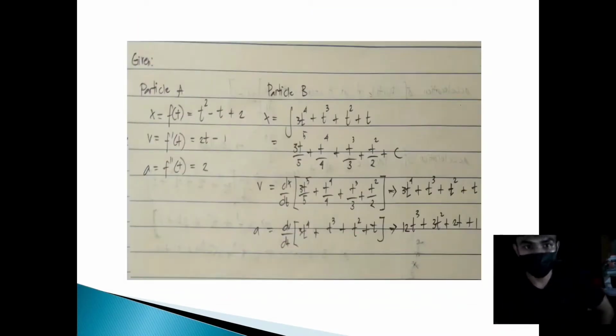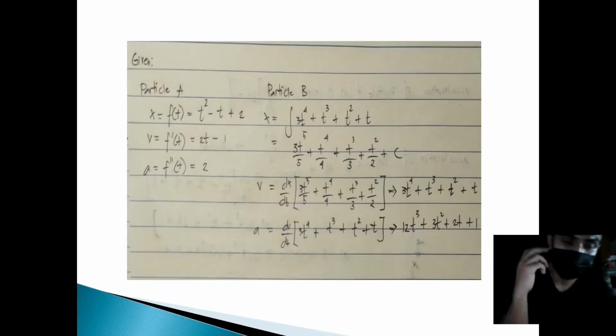So these are the given for particle A. These are actually the given based on the two equations given. So I have already integrated and derived the two formulas. For the displacement formula, we're just going to find the first derivative and the second derivative.